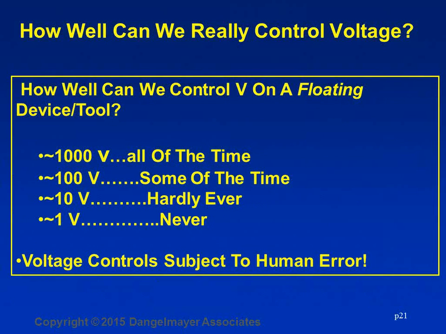As you get down towards the 100-volt area, it becomes increasingly difficult. And of course, when you get down to the level of TMR heads, which, by the way, is at the 1 to 3 volt level, it's impossible to control voltage. It's just not going to work. So that sets the stage for all of these human error difficulties, and also speaks volumes about the importance of using surface resistance as a countermeasure.